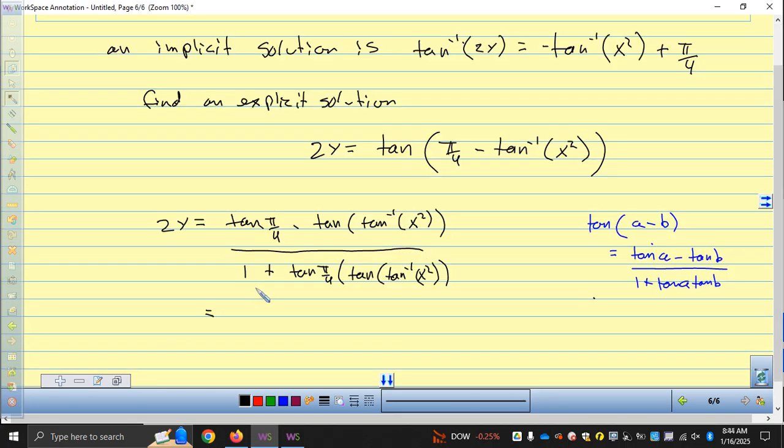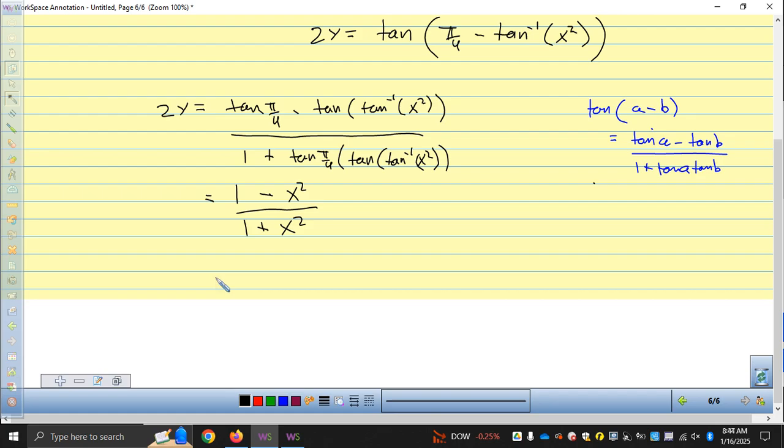So 2y equals tangent of pi over 4, which is 1, minus the tangent of the inverse tangent of x squared, which is x squared, over 1 plus 1 times x squared. So we get, finally, a nice function. y equals 1/2 times 1 minus x squared over 1 plus x squared. That's not a terrible function.